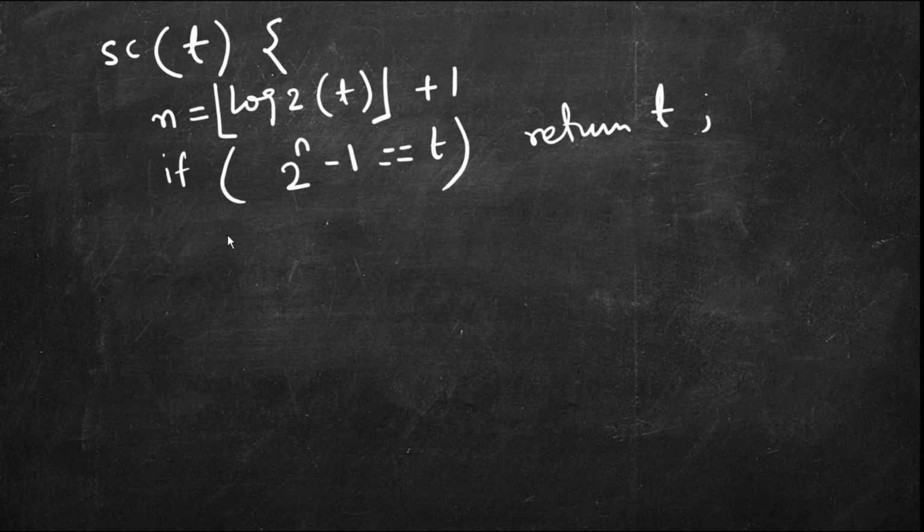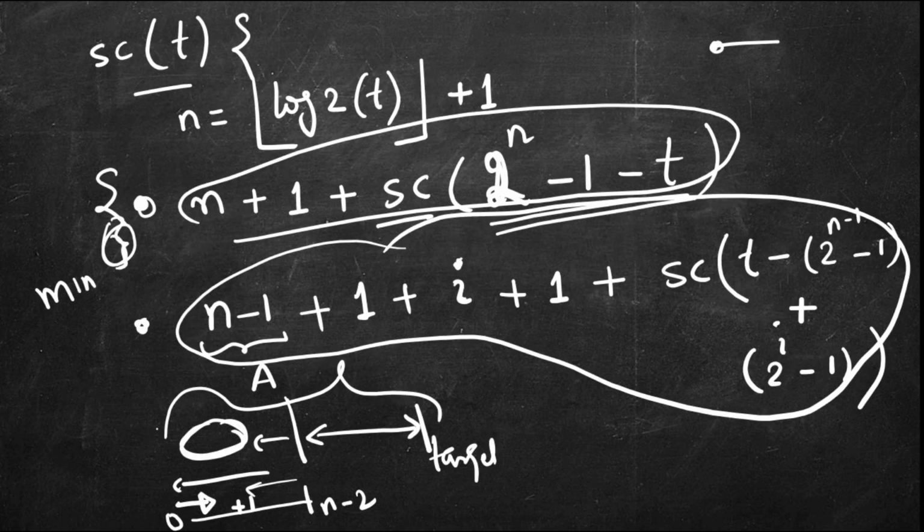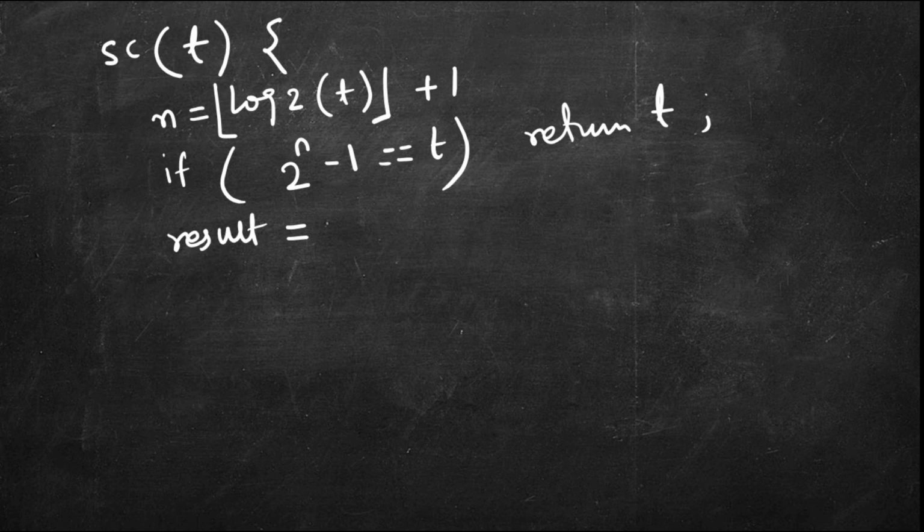Else, if this is not the case, then we will set result equal to n plus 1 plus the same function on 2 to the power n minus 1 minus t, the new distance.